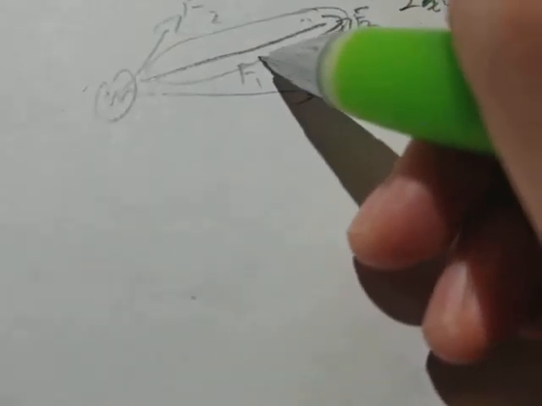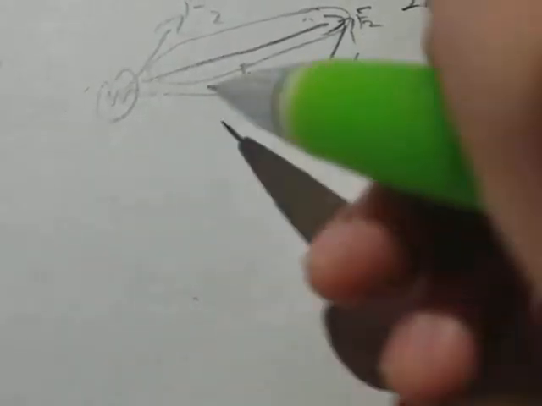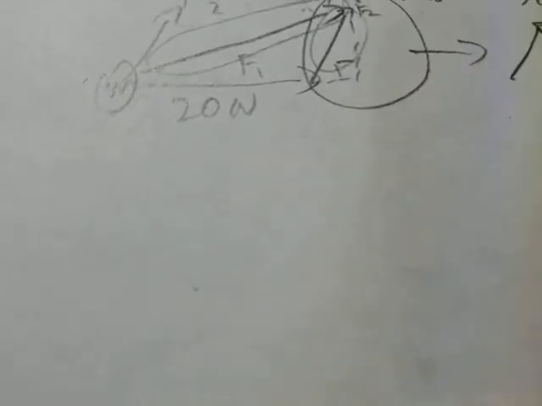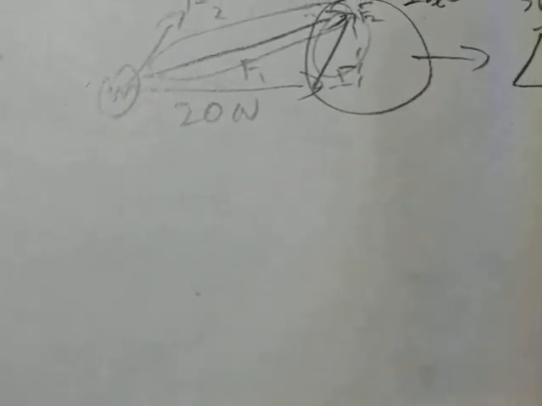Okay, and solving for this guy right here. Hopefully this will make things easier. Let's start off with putting down the givens. F1 is 20 newtons, and this vector right here is 15 newtons.